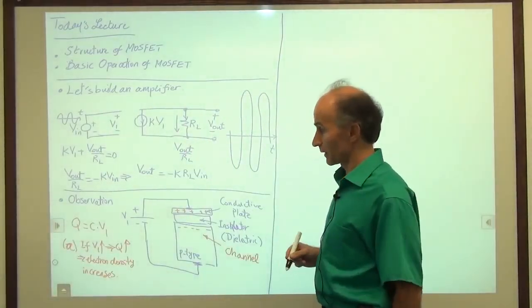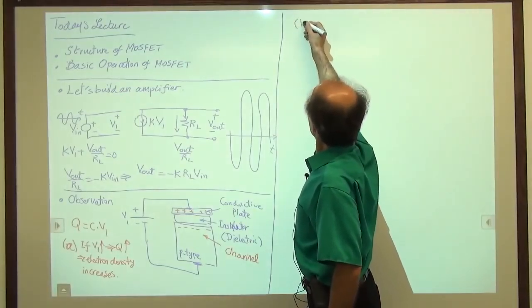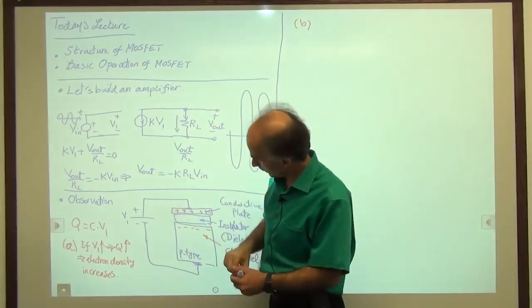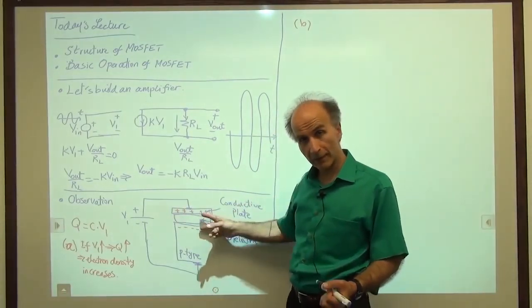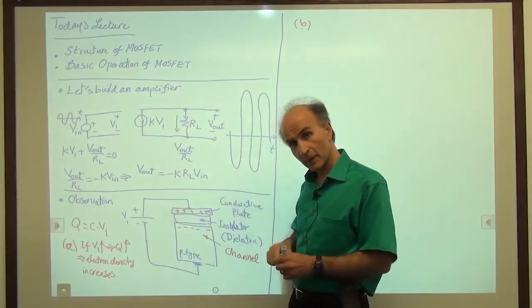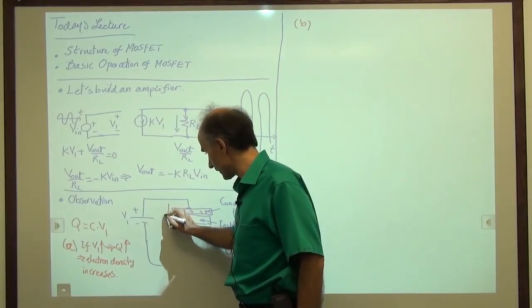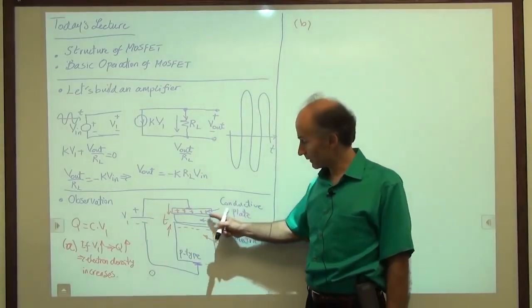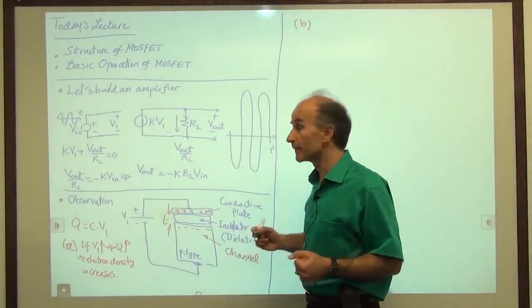One more point, which is less obvious but as interesting. So the next point. What happens if we bring these two plates closer to each other? We make this insulator thinner. So let's just call this T for now, for thickness. If we reduce the thickness of this dielectric, meaning the gap, what happens?